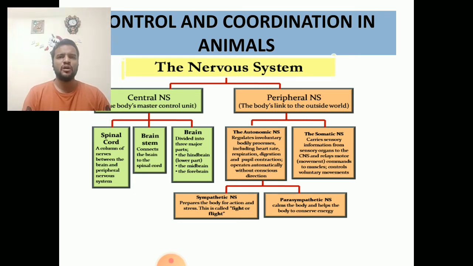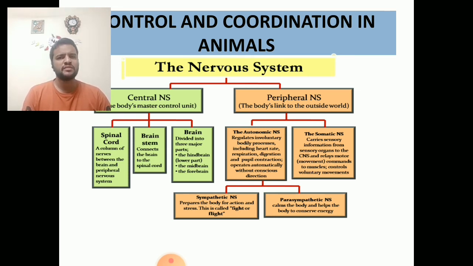First of all, we'll talk about the nervous system. The nervous system is mainly divided into the central nervous system and the peripheral nervous system. The central nervous system includes brain and spinal cord, and the peripheral nervous system is further divided into the autonomic nervous system and the somatic nervous system.